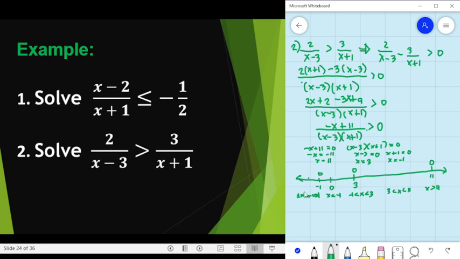Then you take a test point in each. So for your test point, you test it in the numerator, we have negative x plus 11, and in the denominator, x minus 3 and x plus 1, and you multiply those two, since the denominator is x minus 3 times x plus 1.